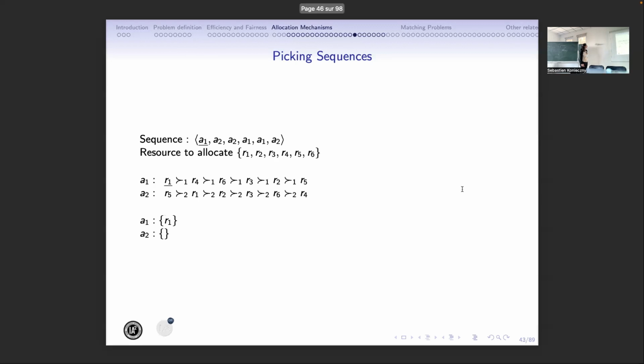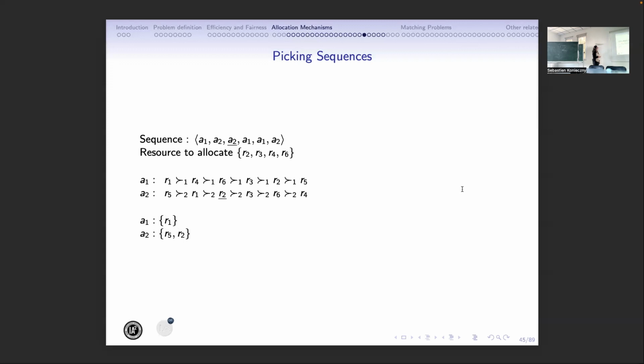We assume the agents make sincere choices, so the first agent will take the best resource among the remaining resources. Here you have all the remaining resources. So he takes R1. Then agent 2 takes R4.